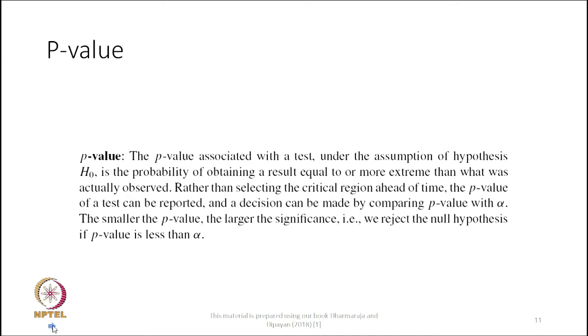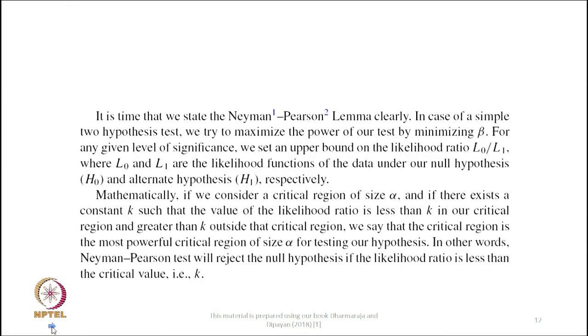That means we reject the null hypothesis when p value is lesser than alpha. So, this is a connection between alpha and the p value. Of course, I have already explained what is an acceptance region, what is a critical region, and so on. Therefore, the p value is linked with the rejection region or critical region as well as with alpha.